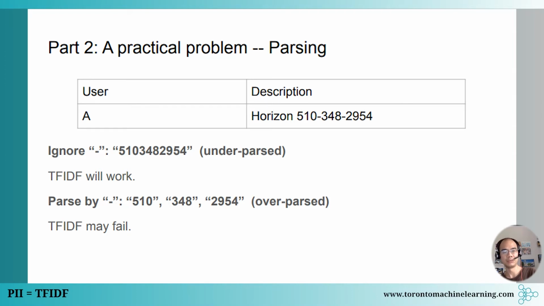It will repeat for this person every single month when he gets a bill, but likely not for anyone else. So the method will work very well with TF-IDF. On the other hand, if we overparse, we cut that into 3 different numbers. Well, a 3-digit number will appear for every 1,000 persons once, on average.